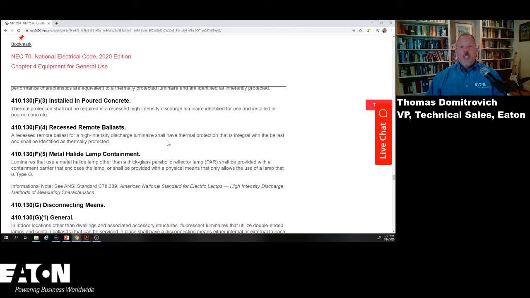This gives the electrical inspector something to look at to qualify that product. If it's required to be listed, then that should be a part of the listing from a UL standard perspective. So anything that has a metal halide lamp and the containment should be meeting this requirement.